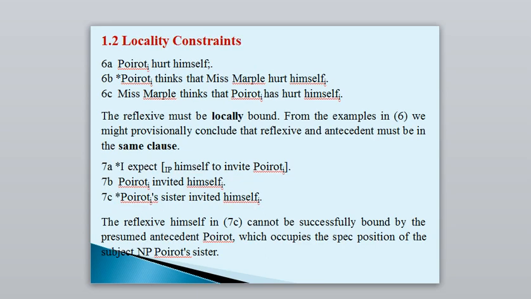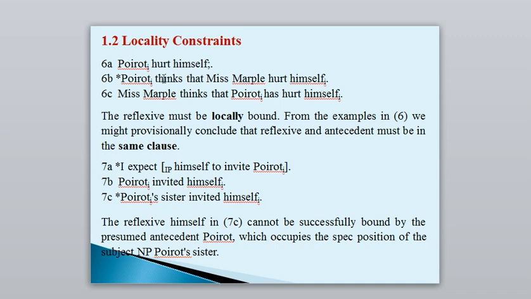There is another kind of constraint or condition. We call it locality constraint. What is locality constraint? Look at these examples again. Poirot hurt himself. You see here, himself as a reflexive pronoun can come back to the Poirot as its antecedent, and it's okay. There is a match between the person and the gender, and there is no problem. But look at sentence number 2. Poirot thinks that Miss Marple hurt himself. You see here, there is a distance between the antecedent Poirot and himself here.